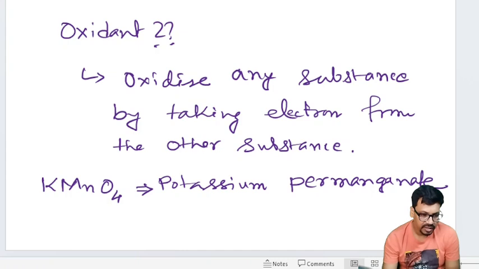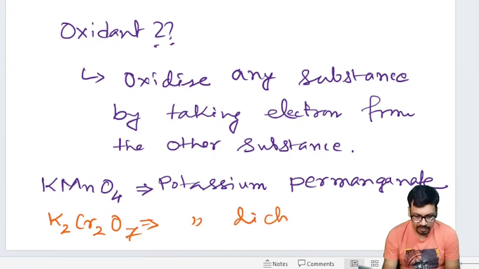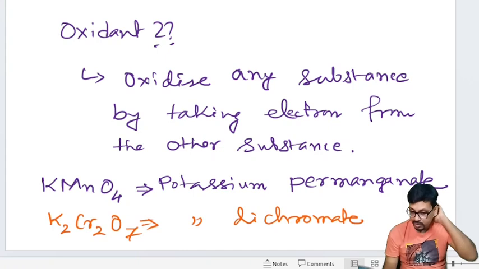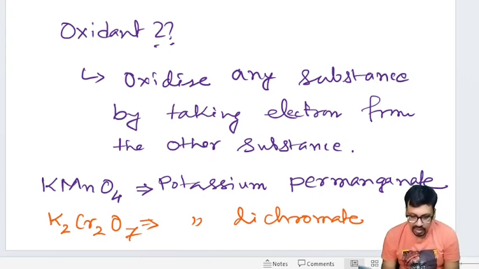And another one is K2Cr2O7, potassium dichromate. Clear? So these two are the very well known oxidizing agents.